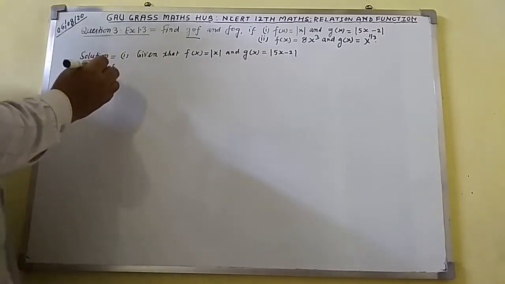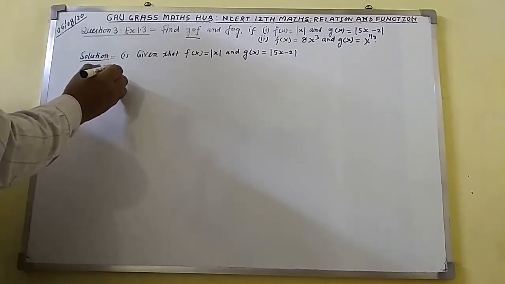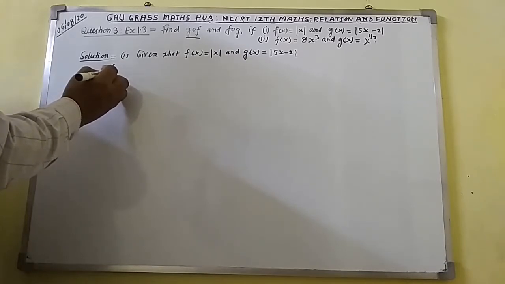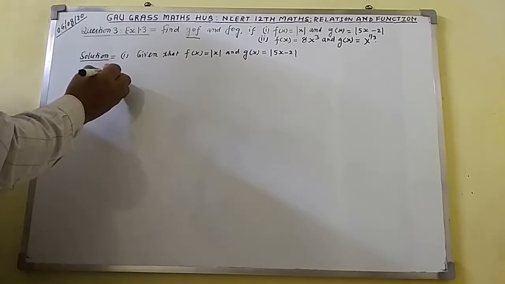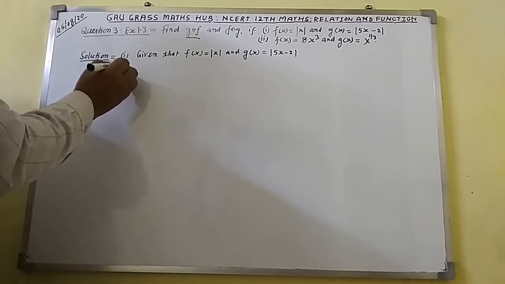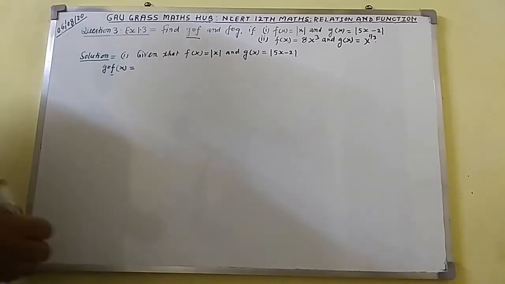That's why, in g of f, the last letter is f. f will be related to x, so in brackets write (g of f)(x) equal to.